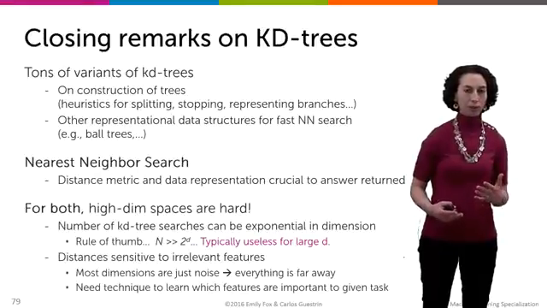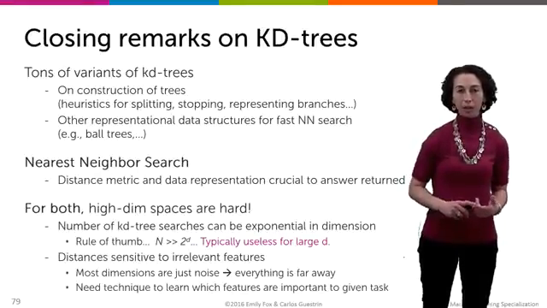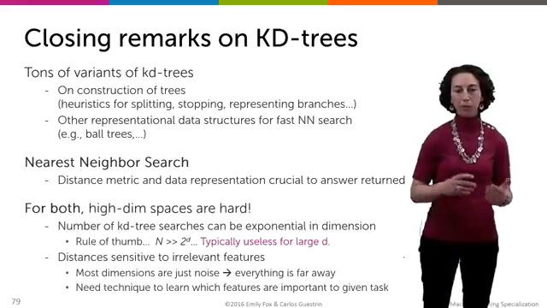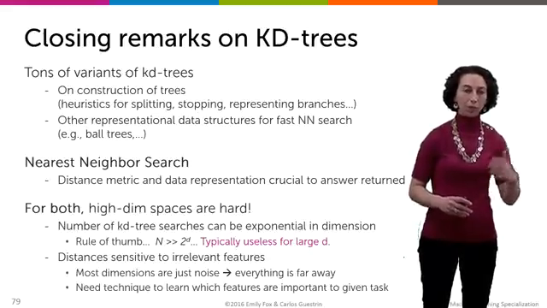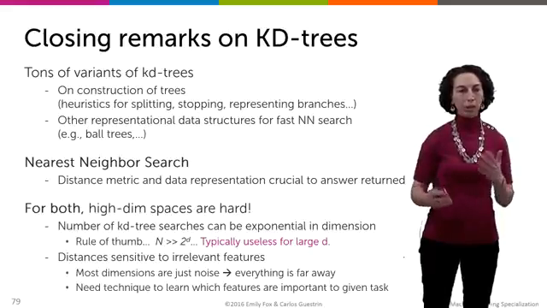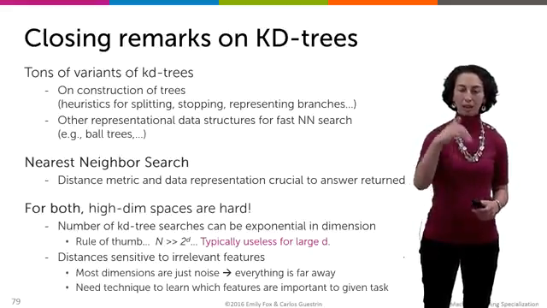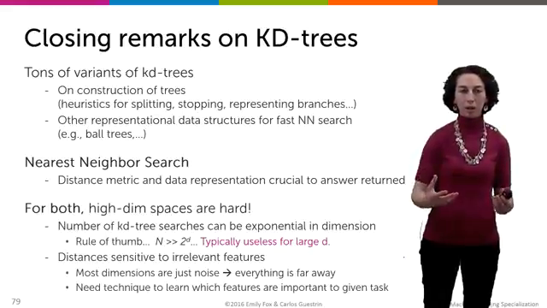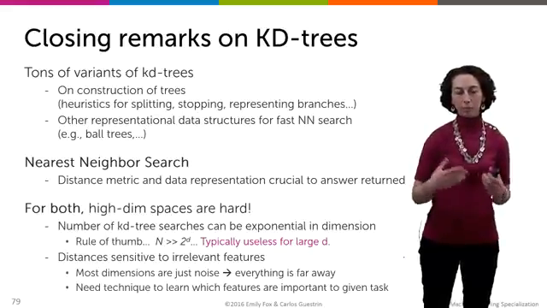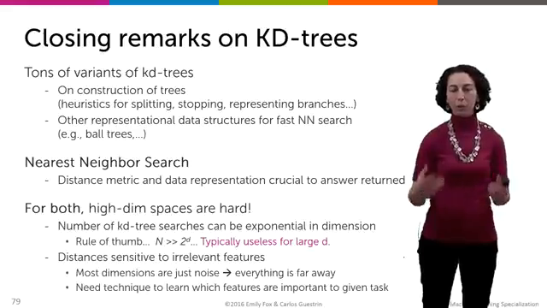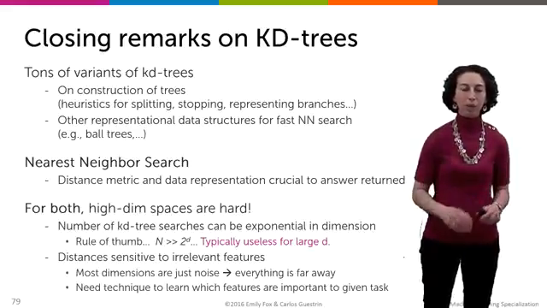But I also want to discuss a few other things. One is the fact that there are lots and lots of variants. We talked about some of these in terms of heuristics for how to choose the splitting dimension, the splitting value, and all sorts of other things. And in addition, instead of just making these axis-aligned cuts, there are other ways of performing a KD tree.